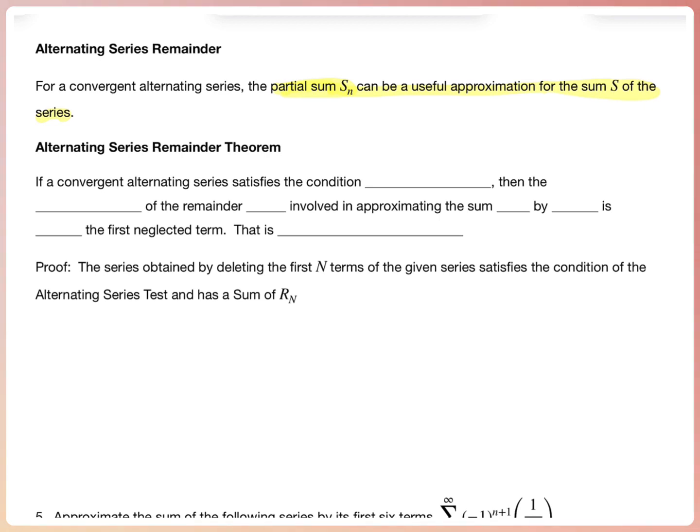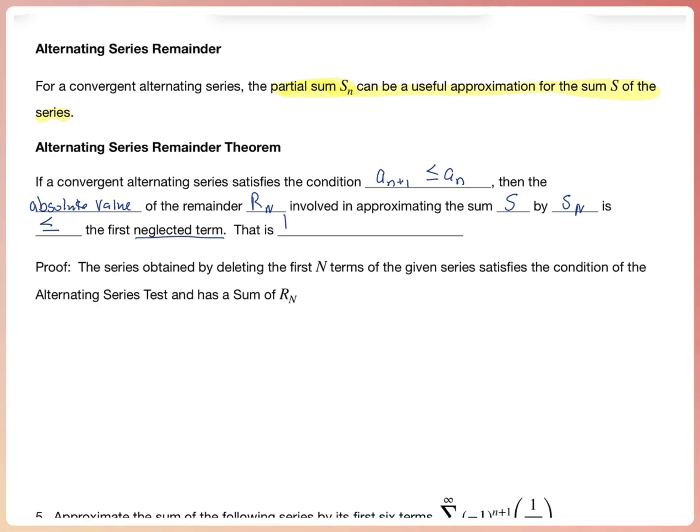If a convergent alternating series satisfies the following condition, that a sub n plus 1 is less than or equal to a sub n, then the absolute value of the remainder, which we'll call r sub n, involved in approximating the sum S, the total sum, by our partial sum S sub n, is less than or equal to the neglected term.